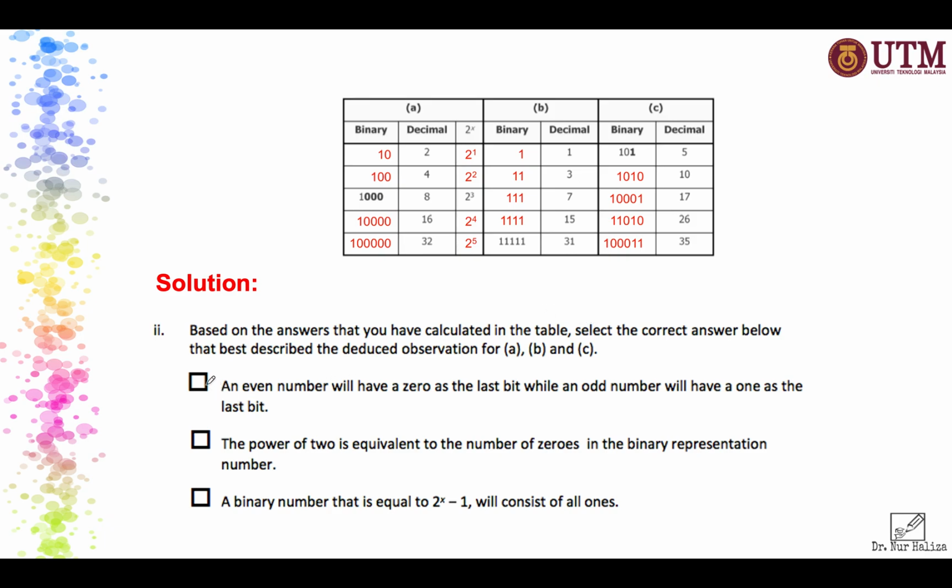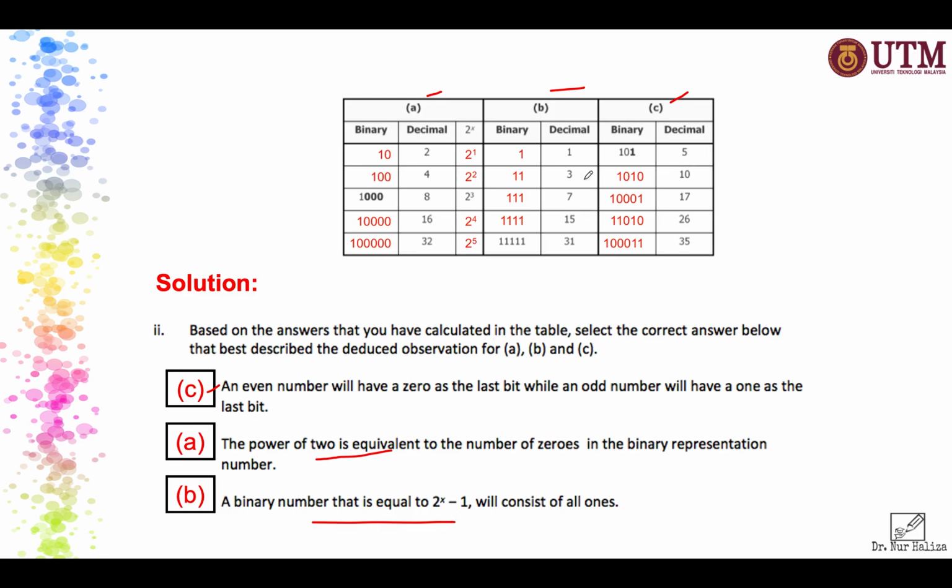Based on the answers that you calculated in the table, select the correct answer below, the best description that deduces the observations for A, B, and also C. What you're going to conclude: an even number is for C, A is a power of 2 equivalent to the number of zeros in the binary representation, and B is a binary number equal to 2x minus 1.